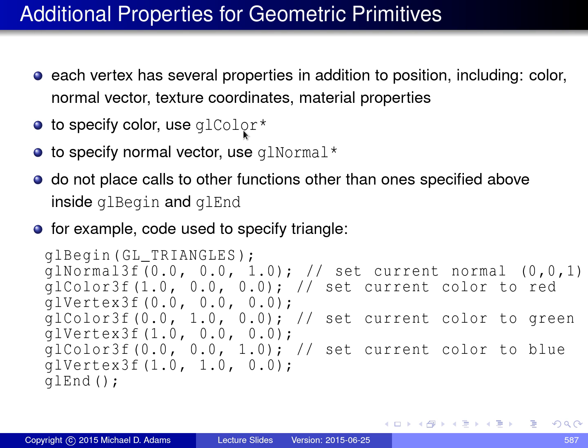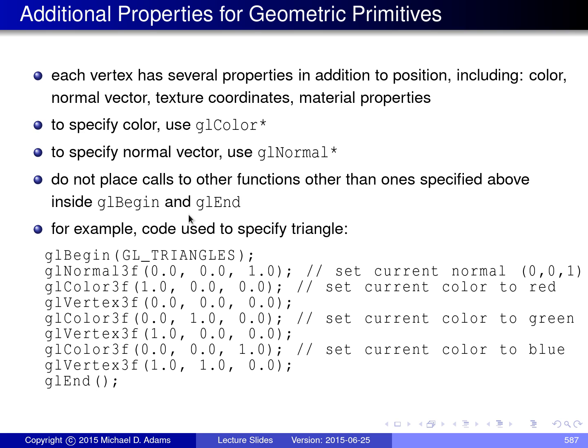And then whatever color is currently in effect at the time when we call or invoke the glVertex command, this is the color that will be assigned to that vertex. Similarly, we can specify a normal vector, in other words a surface normal, using the glNormal command.